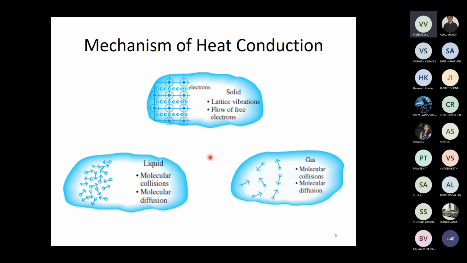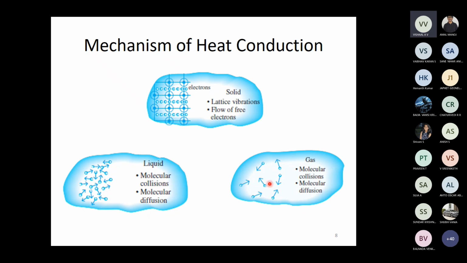In liquids, heat conduction is because of molecular collision, since molecules are free to move and collide with each other in random motion, and another reason called molecular diffusion. The same reasons hold for gases: molecular collisions and molecular diffusion.